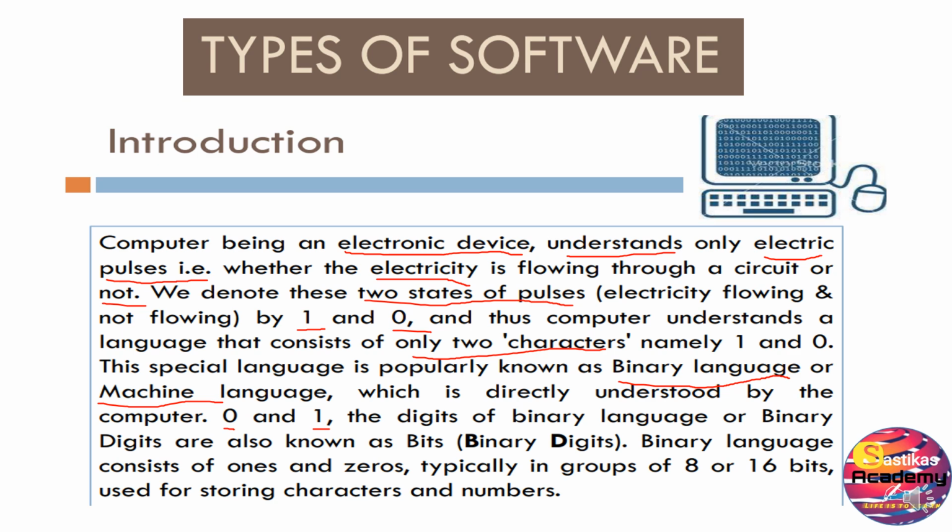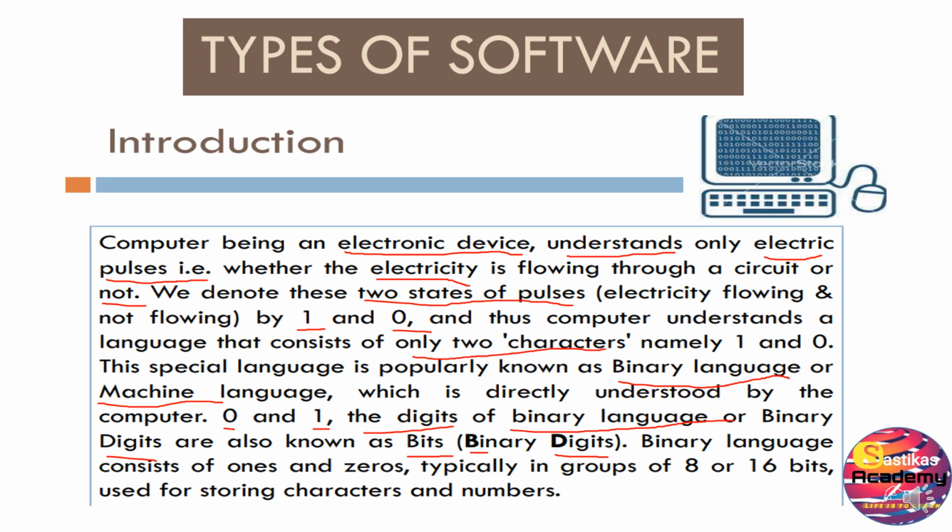These are binary digits, now termed as bits. Bits means binary digits: BI from binary and ITS from digits.